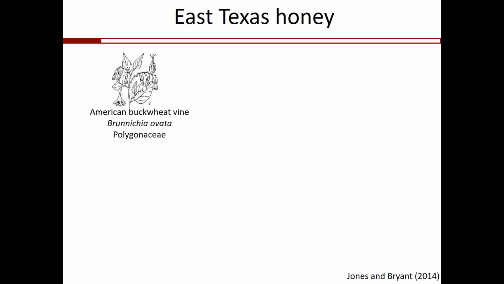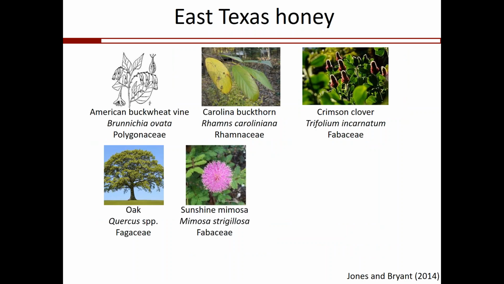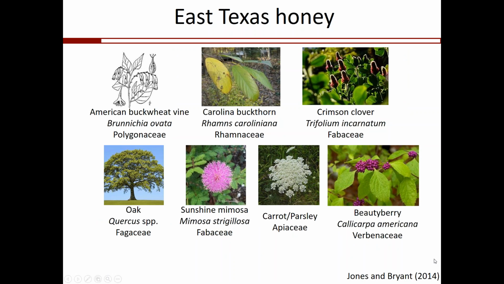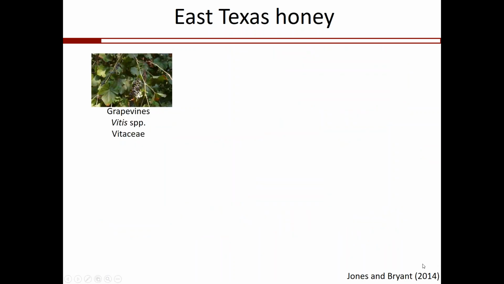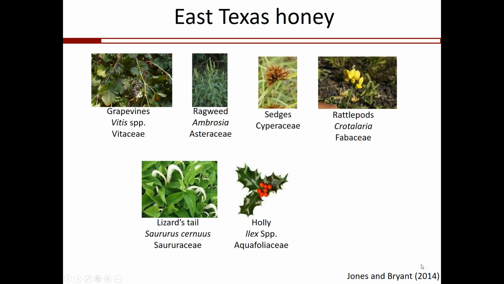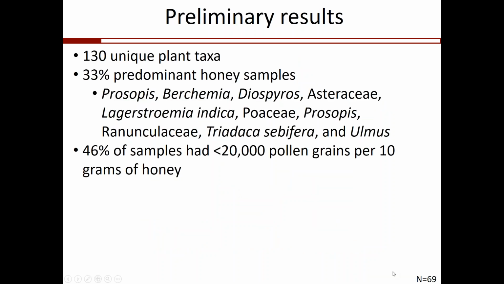And then he also found American buckwheat vine, Carolina buckthorn, crimson clover, oak, sunshine mimosa, carrot family, beautyberry, grapevines, ragweed, sedges, rattlepods, lizard's tail, holly, and tooth leaf. So a lot of this he got down to the genus or species level. He spent 7 years and got this to very high detail.